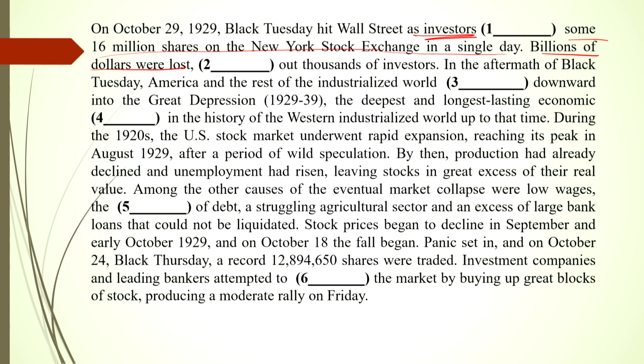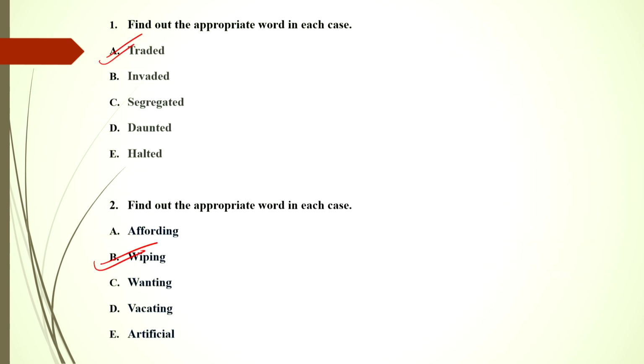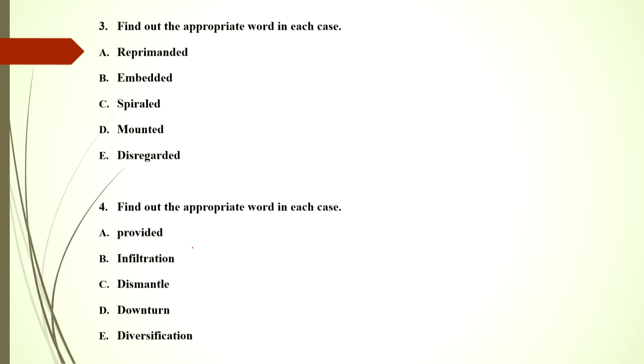They then had nothing with them. Hence, option B should be the correct answer choice, as wiping means to remove or eliminate something completely. Thus, it fits the blank perfectly. Clear? Now, moving on, let's discuss question 3.